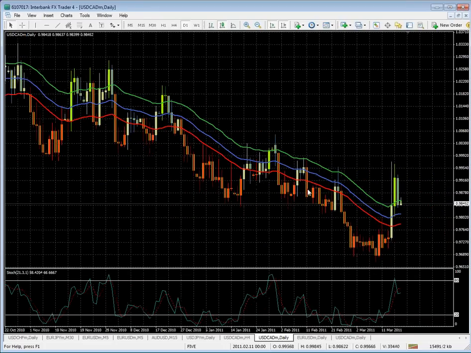So I think a stochastic is perfectly suited to confirming, not identifying. The price should identify where the exhaustion is going to be, but the stochastic could confirm that exhaustion.